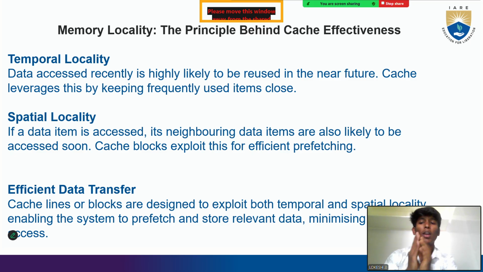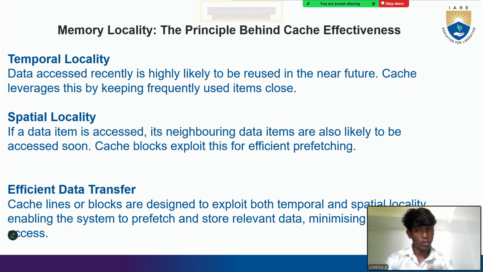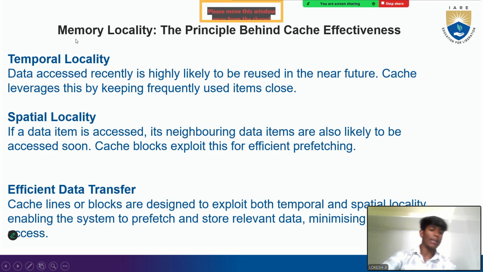Cache lines or blocks are designed to exploit both temporal and spatial locality, enabling the system to prefetch and store relevant data, minimizing transfer access. So this is about the memory locality of cache memory.